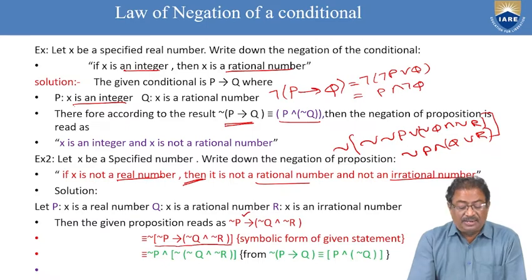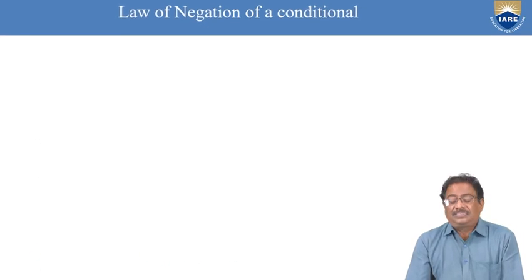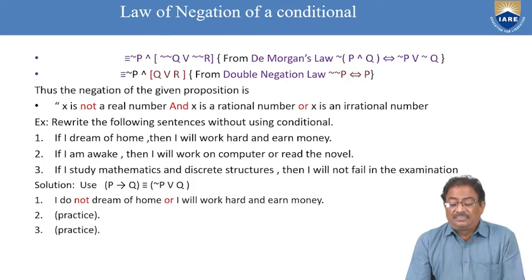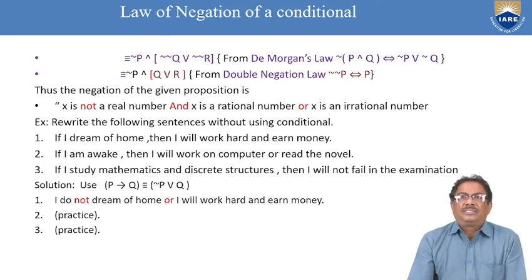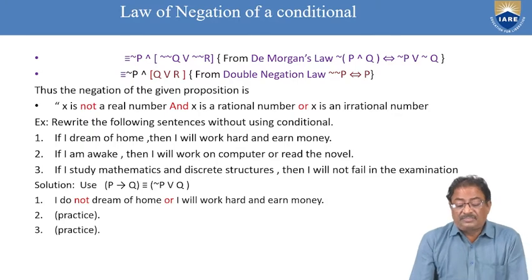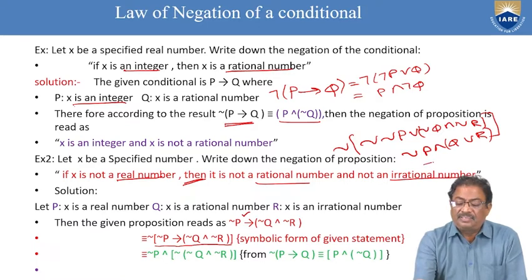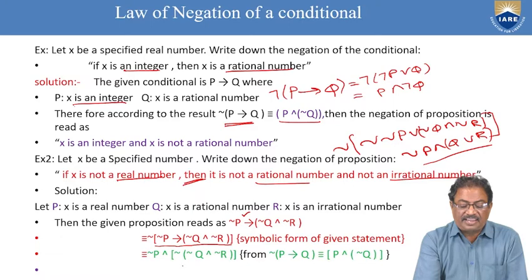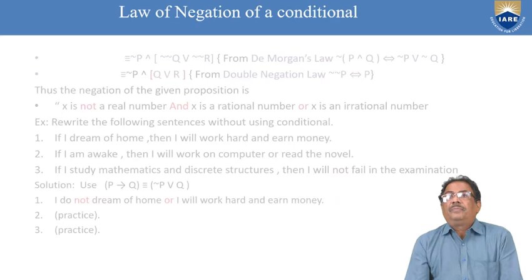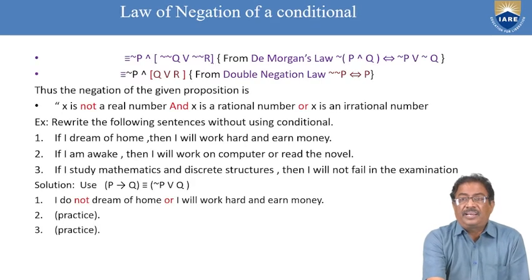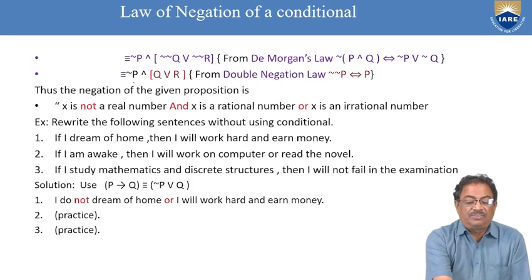Finally, the next one. See, the last one we are considering is in this form, and we are going to rewrite that. This is P and negation P. Here I am not sending the negation inside. In the next step we are going to send the negation inside by using De Morgan's law, and then this will become like this.